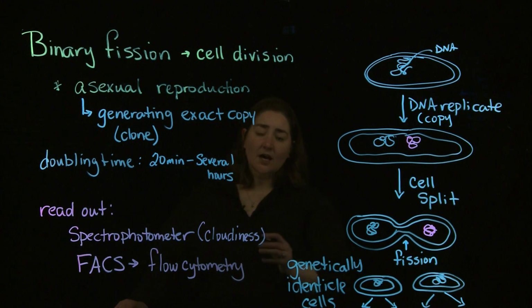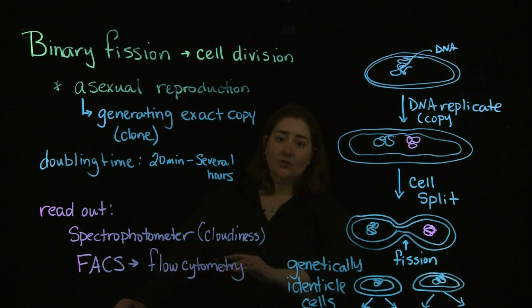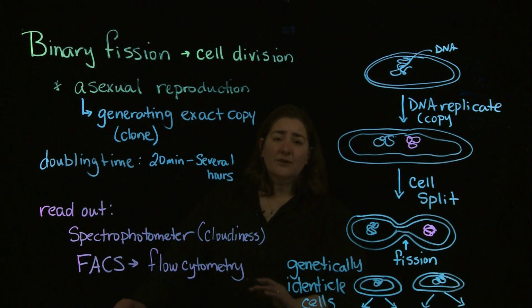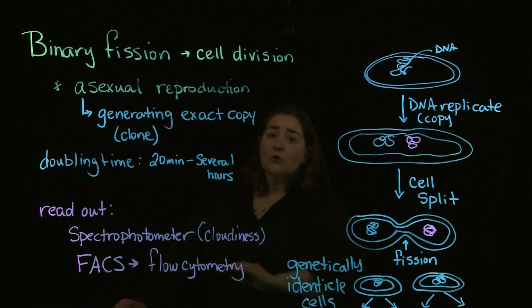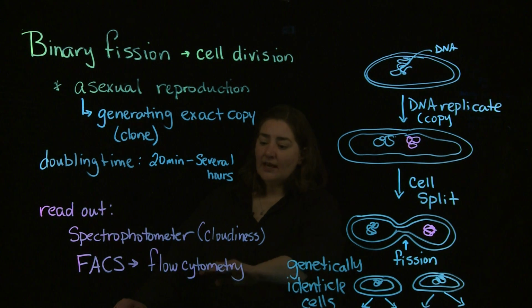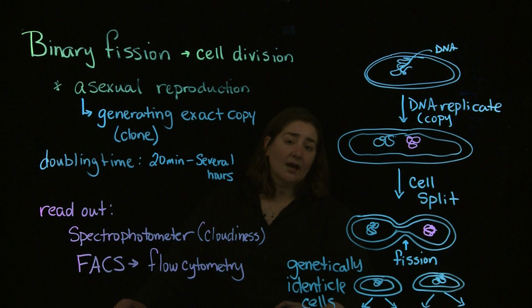Flow cytometry is a much more accurate readout on the number of cells that you have in a particular culture. Essentially it is a fairly substantial piece of equipment. If you ever get into doing any research or go into a research lab, most major universities like University of New Mexico are going to have facilities where you can count the number of cells within a sample.